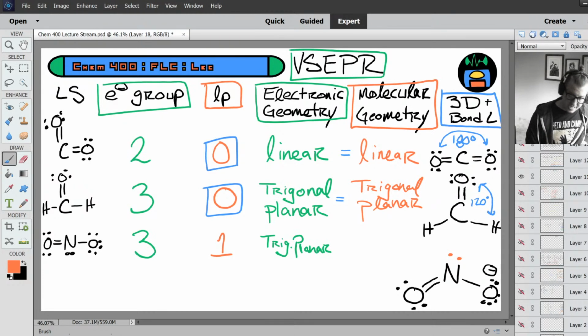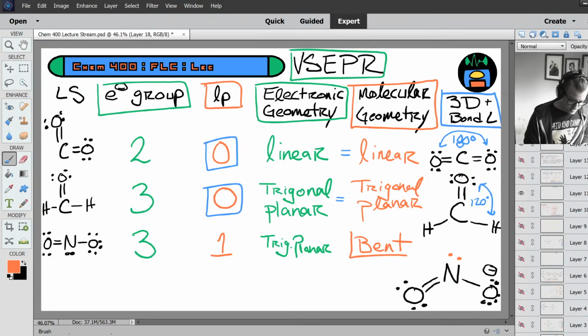And when you look at it, it kind of looks like a bent line, right? Like you're going like this, and then it kinks that way. And because of that, the molecular geometry for this molecule is called a bent geometry.